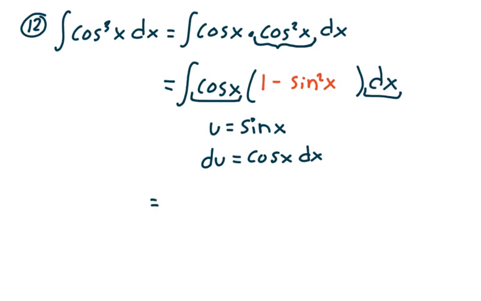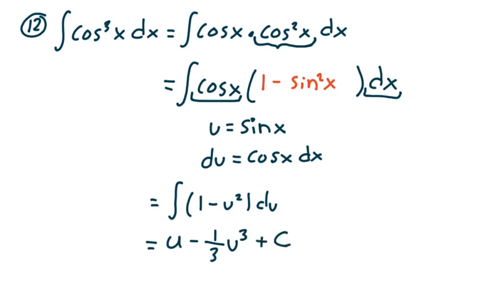And so it's a nice integral. We have the integral of 1 minus u squared du, which is u minus 1/3 u cubed plus c. This is much easier than this line, in my opinion. But remember that u is equal to sine of x.